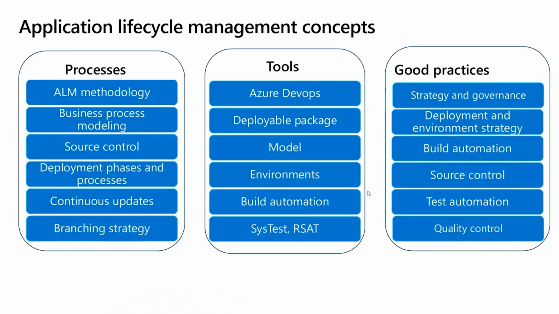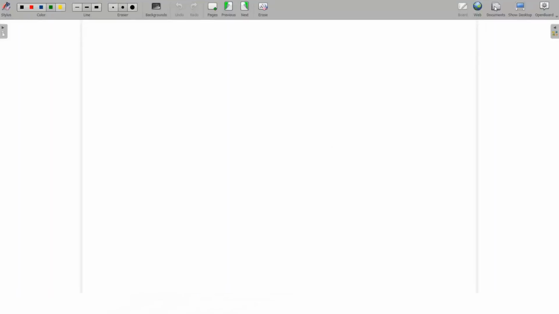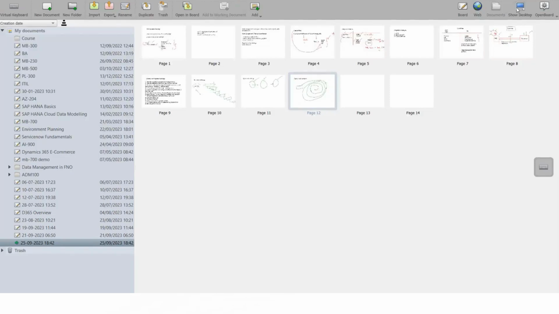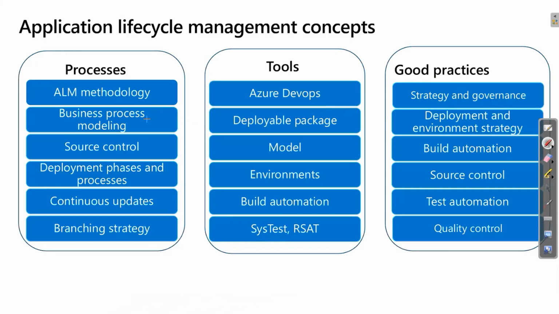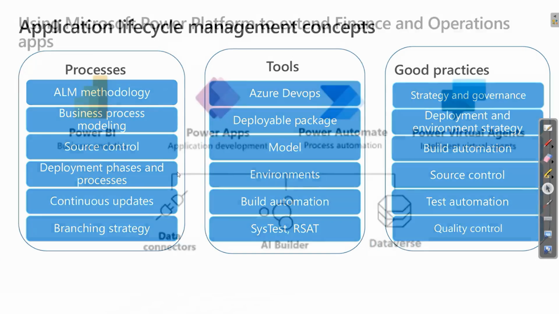As you can see, there are various tools that are provided by lifecycle services, including business process modeling, environment monitoring tools, and you can manage your ALM methodologies, etc. There are various factors that you may have to manage as well.